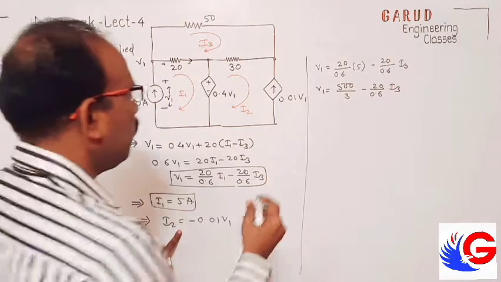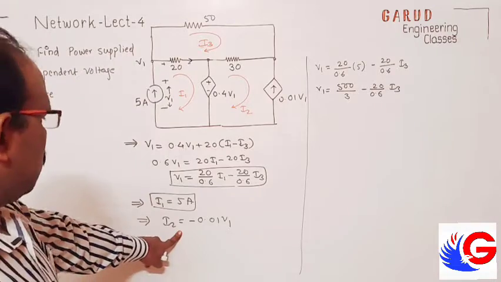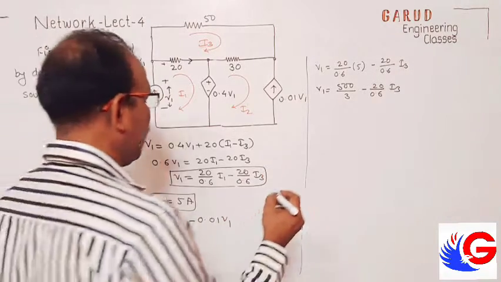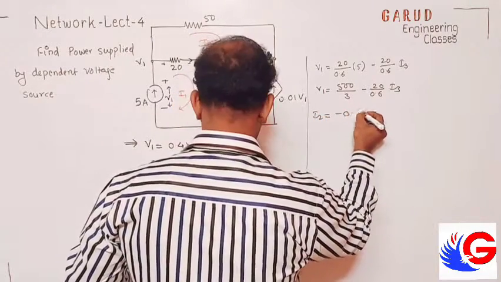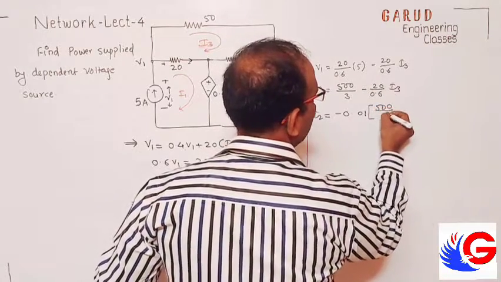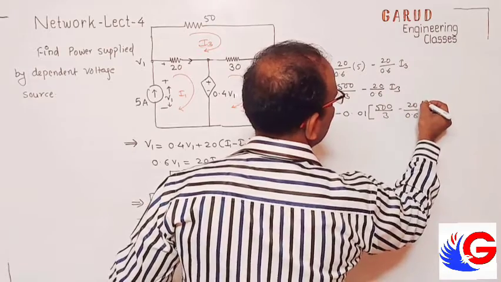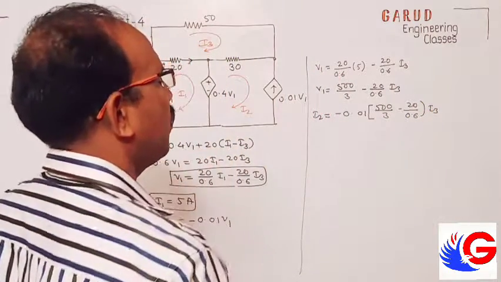Now I can substitute here. What is the value of I2? Here I can substitute the value of V1. That is I2 equals minus 0.01 times 500 by 3 minus 100 by 3 I3.